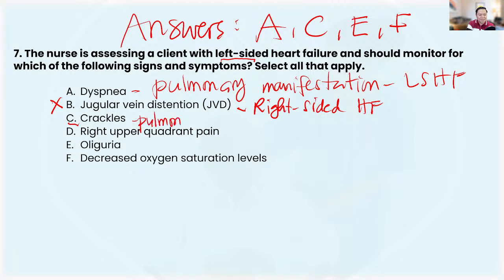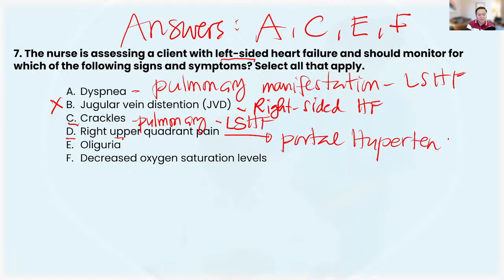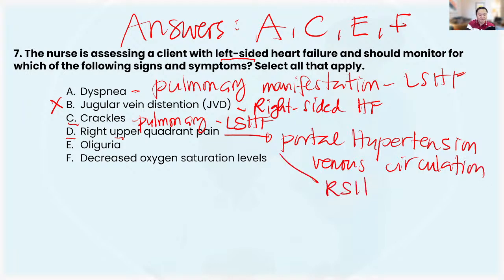A sign that there might be shifting of fluids from the pulmonary capillaries into the alveoli, another pulmonary manifestation, and this belongs to left-sided heart failure. What about the right upper quadrant pain? This is related to portal hypertension, which is basically caused by the congestion of blood in the venous circulation. So this belongs to right-sided heart failure.